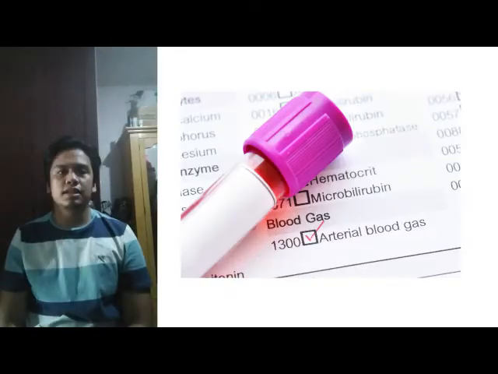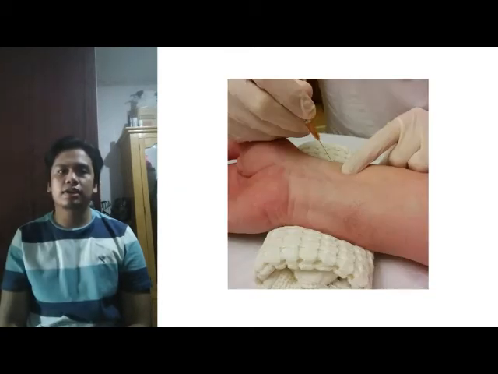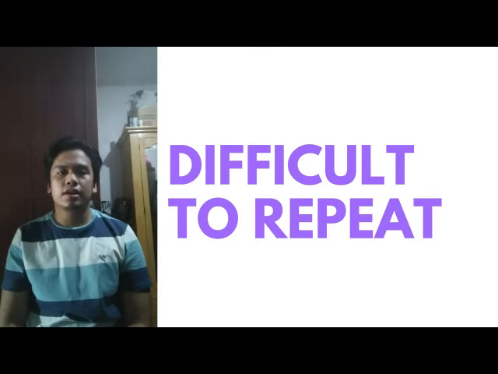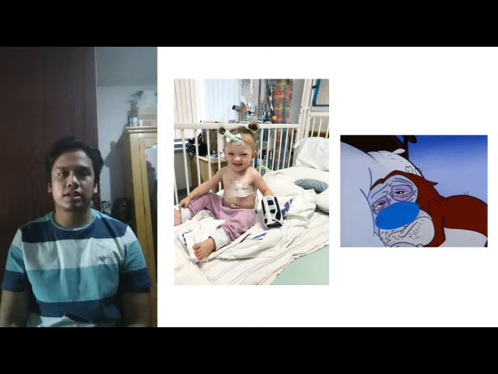Arterial blood gases measured after arterial needle puncture remain the gold standard for assessing arterial oxygenation. However, this method is invasive and difficult to repeat frequently, especially in young or very ill patients.